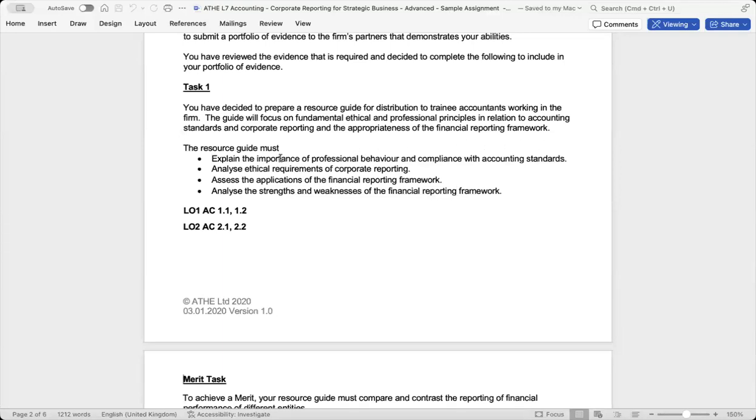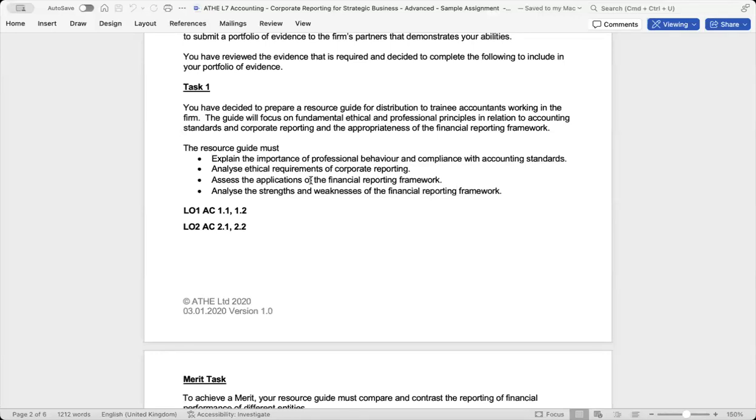The resource guide must explain the importance of professional behavior and compliance with accounting standards. Second, analyze ethical requirements of corporate reporting. Then assess the applications of the financial reporting framework, and finally analyze the strengths and weaknesses of the financial reporting framework.